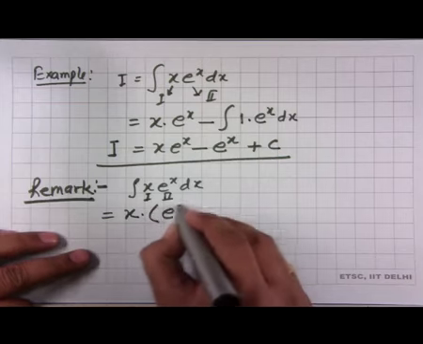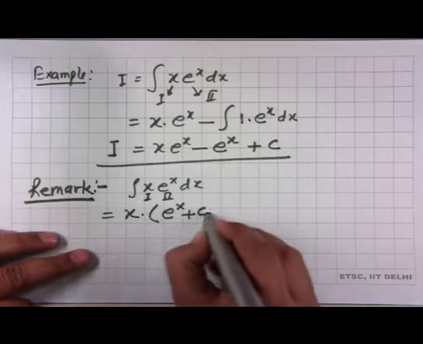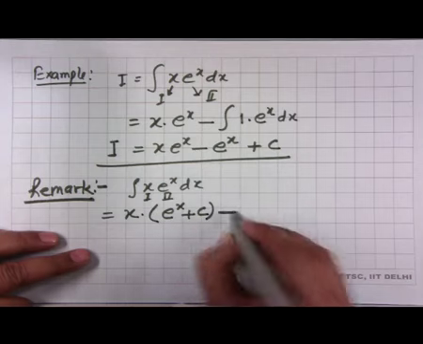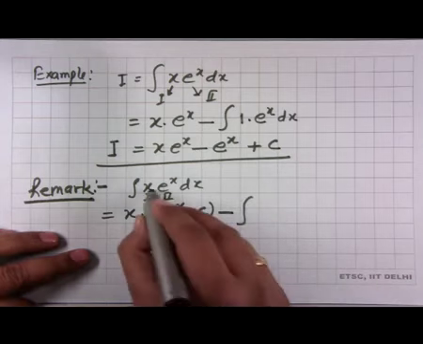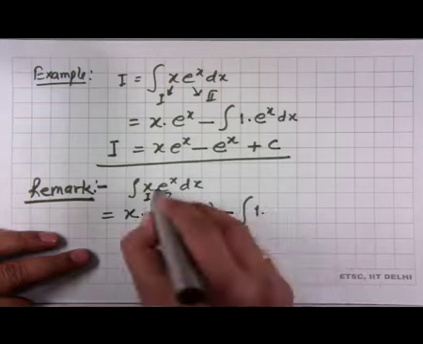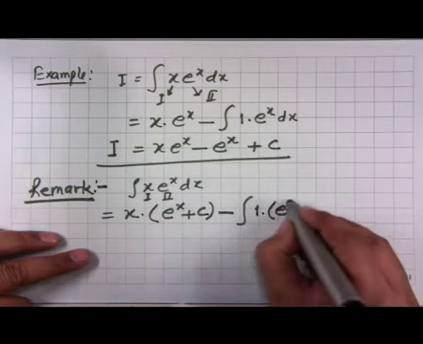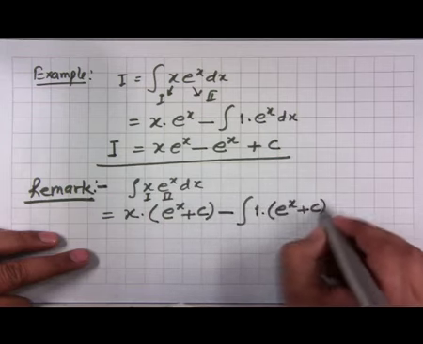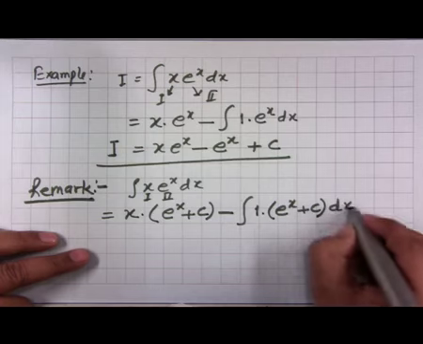So, instead of writing e raised to power x, I should have written e raised to power x plus c, minus the integration of the differentiation of the first function, which is 1, times the integration of the second, for which I should have written e raised to power x plus c, then dx.